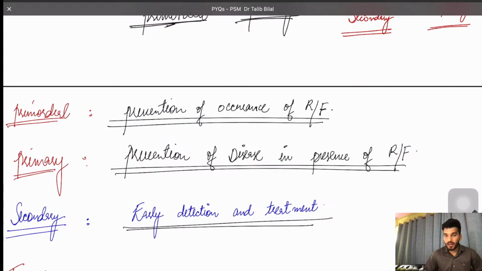So HIV is there, the patient is immunocompromised, and has more chances of opportunistic infection. Currently he does not have Pneumocystis pneumonia, but you are using prophylactic treatment. Risk factor is present, disease is absent. So you prevent the disease in the presence of a risk factor.